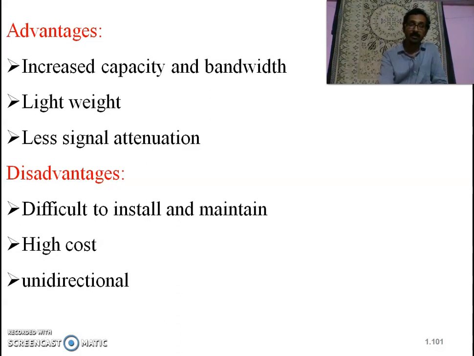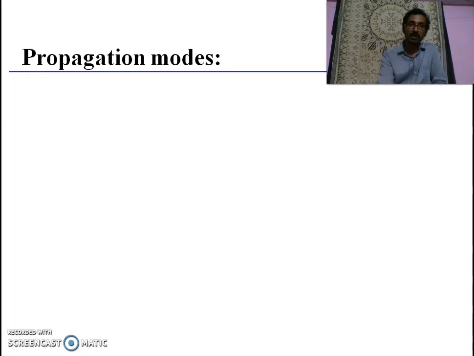So this is the total explanation about the guided medium. In guided medium, we have three types of cables: twisted pair cables, coaxial cables, and optical fiber cables. Now we discuss the propagation modes of the optical fibers.